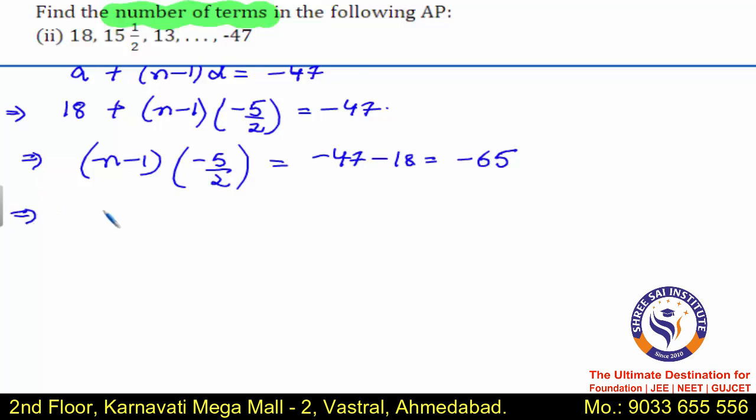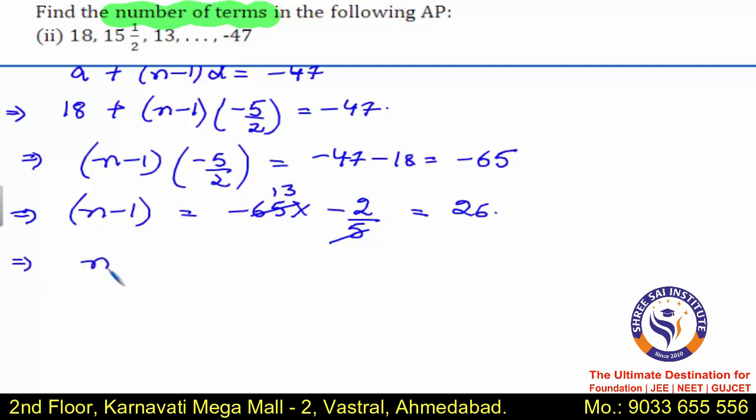This further implies that n minus 1 is equal to minus 65, and on cross multiplying, minus 5 upon 2, taking on the right hand side, we have minus 2 upon 5. Now 5 into 13 is 65. This implies minus into minus is plus. So 13 twos are 26.